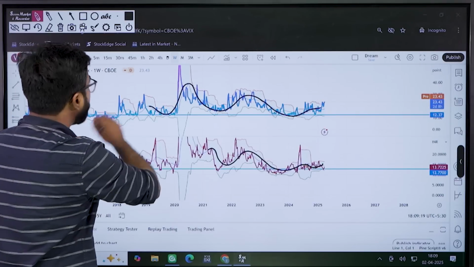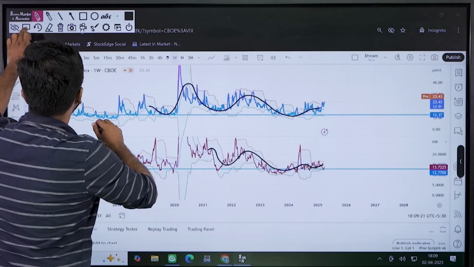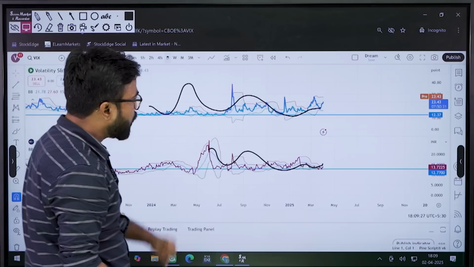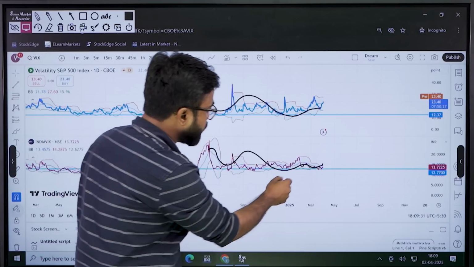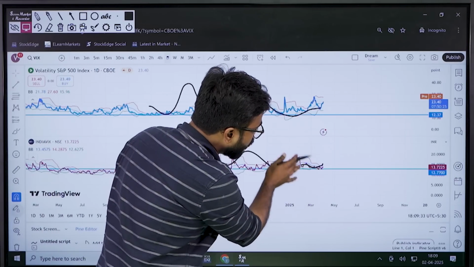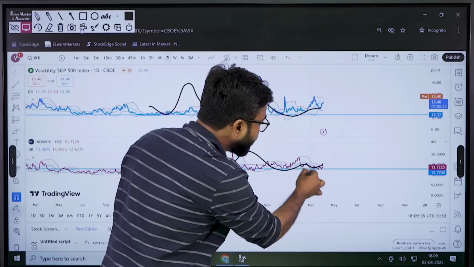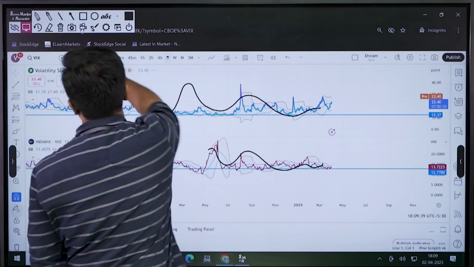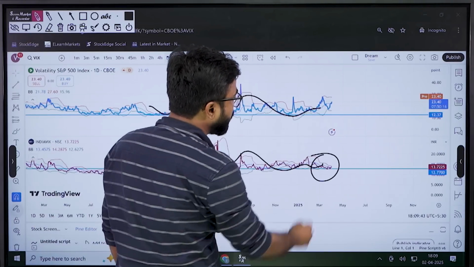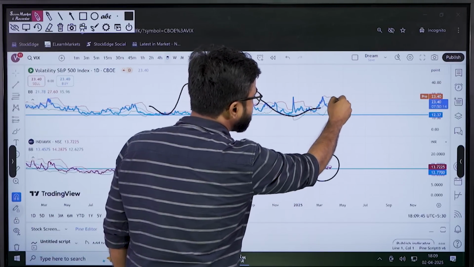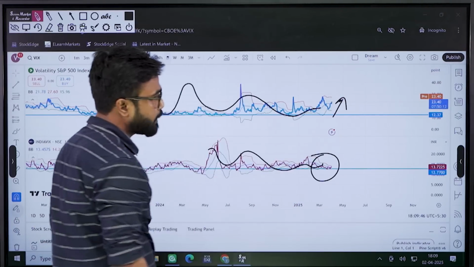Let me just go back to Delhi once. In Delhi also, you see that India VIX is hovering towards its lower range with a squeeze pattern in Bollinger Band. On the other hand, US is moving higher, correct?